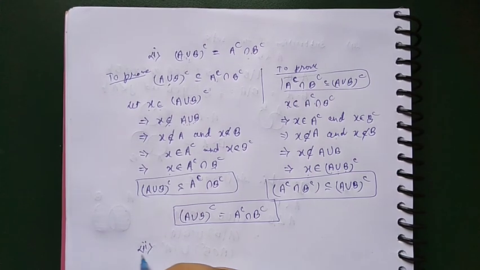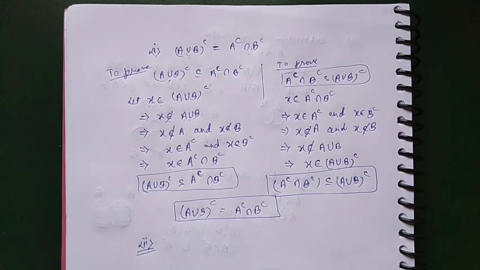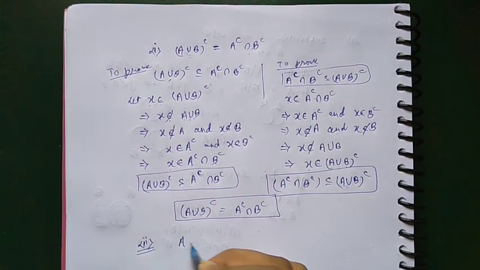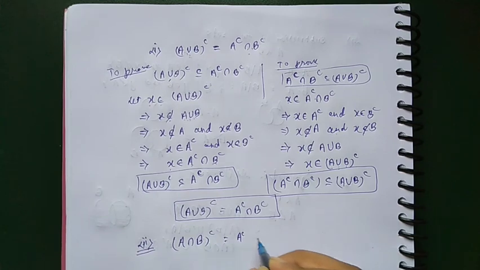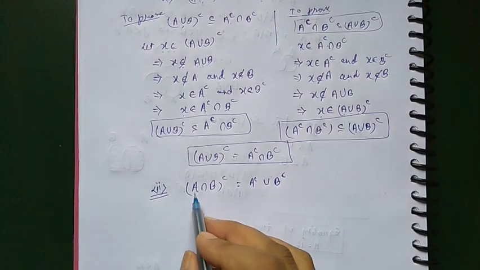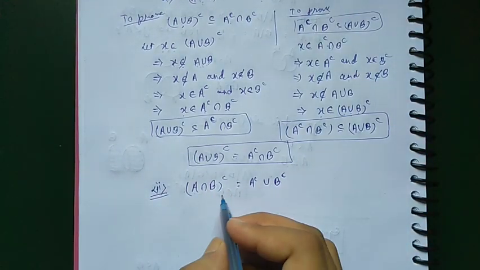Now we will prove the second law of De Morgan's, which says that A intersection B whole complement is equal to A complement union B complement. Similarly, first we will prove that this set is a subset of this set.